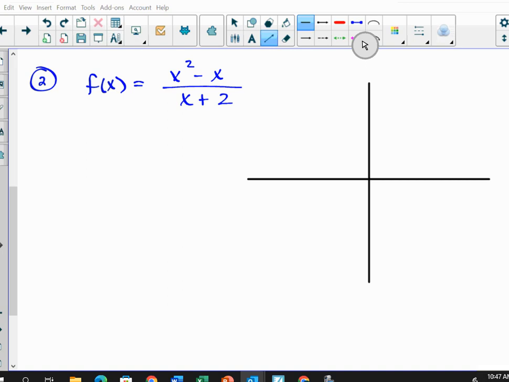For synthetic, yeah. Oh, no, just GCF. Oh, wait. Oh, yeah. I thought it was x squared minus 2x.